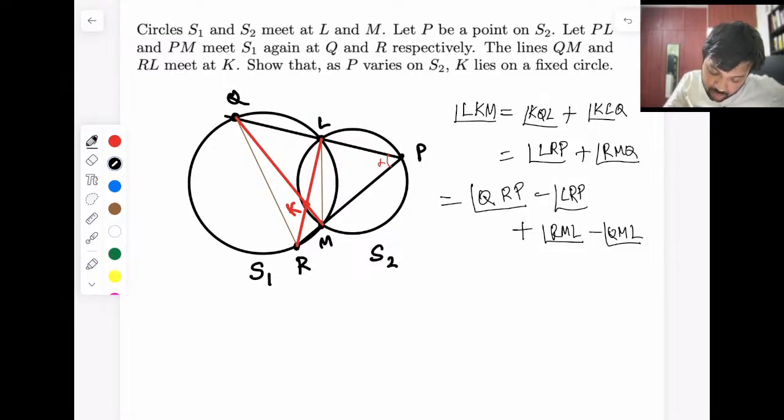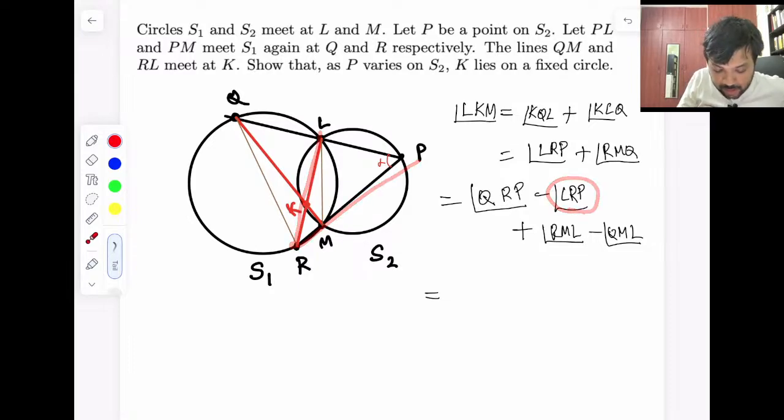Okay, so maybe you guys can correct me. LRM is same as LQM. I hope I'm not going backwards. So you see, LRP, this fellow, is same as LQM, and this is QML.